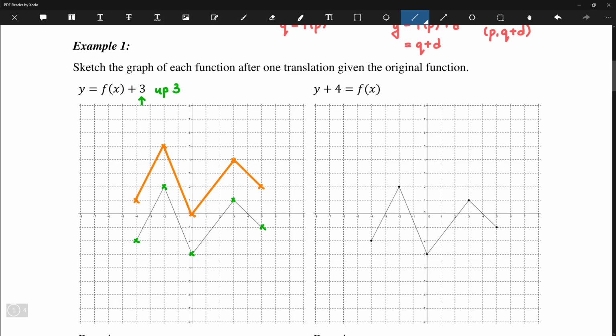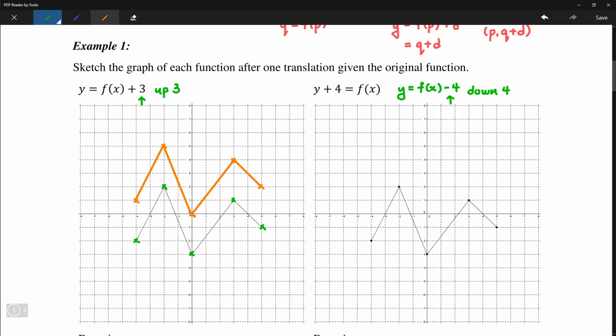Okay. Likewise, on the right-hand side, notice that y plus 4 equals f of x is the same as y equals f of x minus 4. So that means this negative 4 here means we move the graph down 4 spaces.